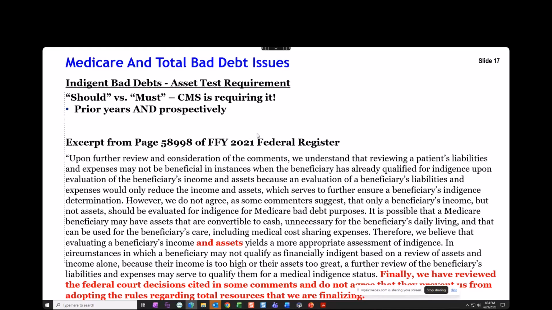There were a lot of court cases, and they've codified the rule into the Federal Register now. So yes, the whole should versus must, that was part of the appeal. Why did CMS use the word should if they meant must? But in any case, the rule for all years, prior and prospectively, on or before or after this final rule, is that there must be an asset test as well as an income test.